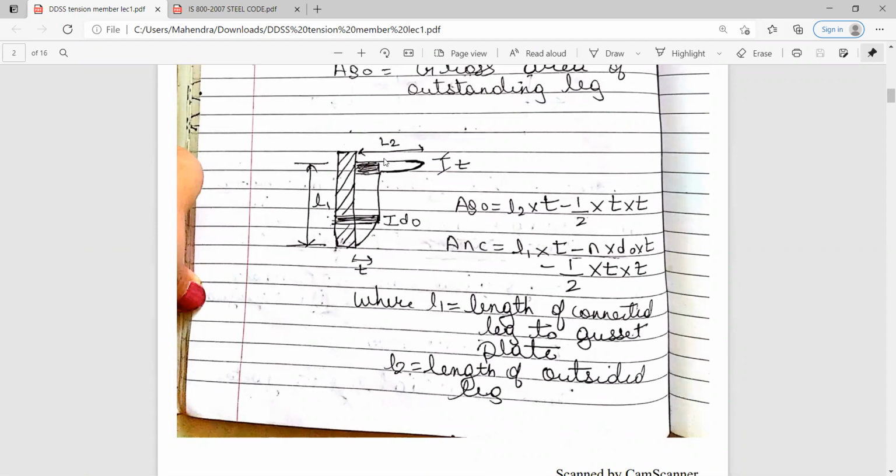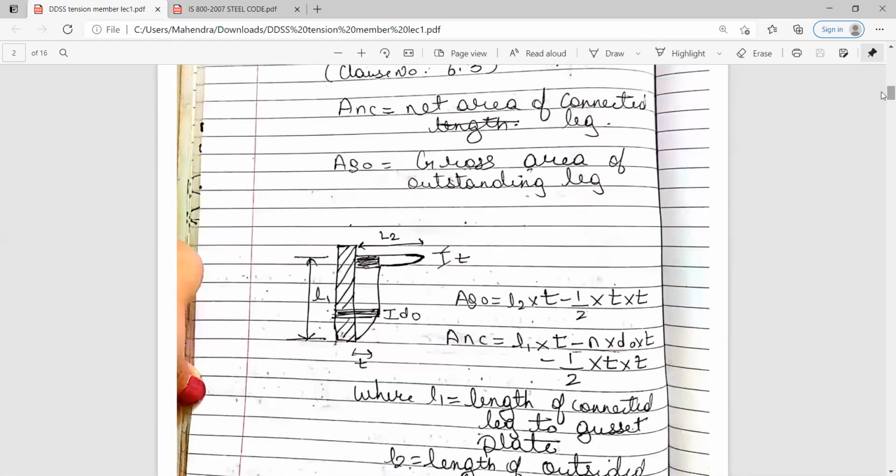Just draw this diagram and note down these formulas for area. All the formulas are given on page number 32 and 33 of your IS 800-2007.